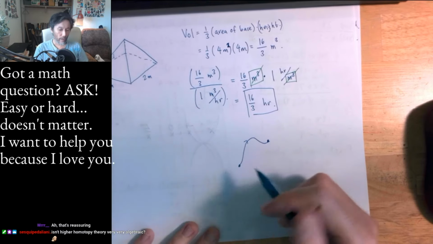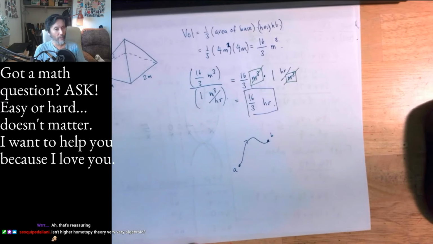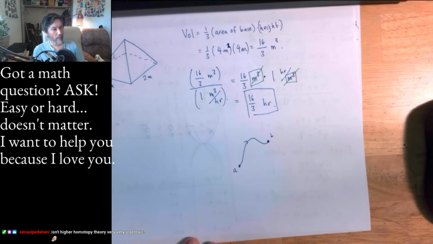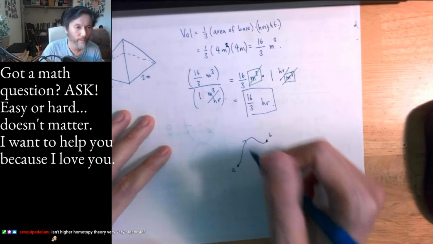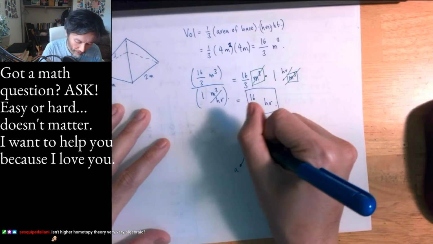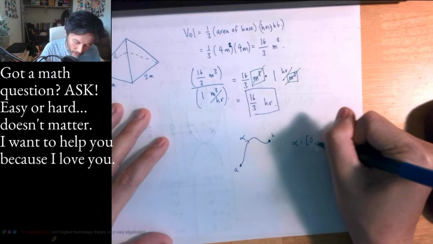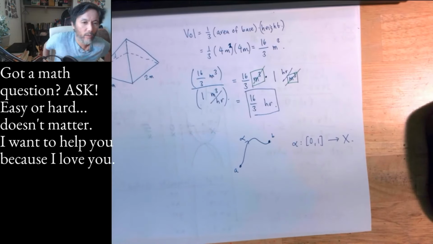Anyway, let's say you have a continuous path between two points in a space. Sometimes you're able to deform that path. Let's be a little more formal. If we call this path alpha, then alpha is a map from the interval 0 to 1 into our space X. X is just some space, don't sweat it too much.